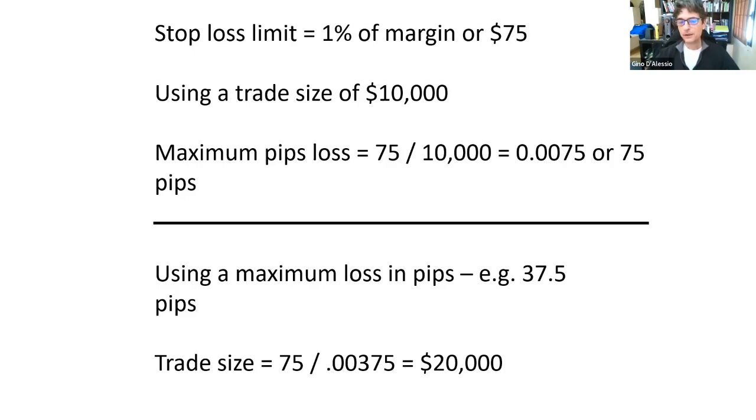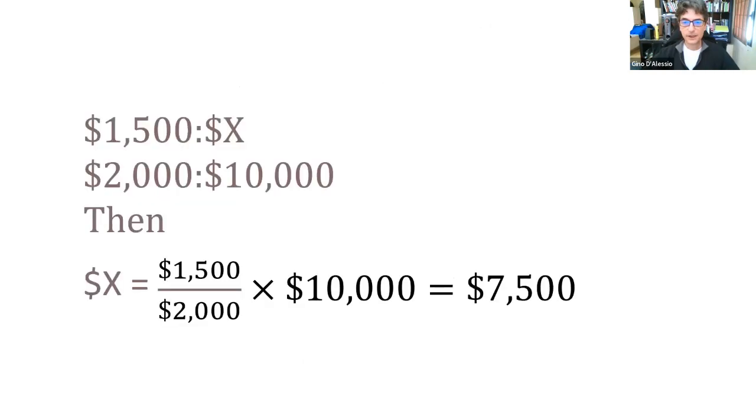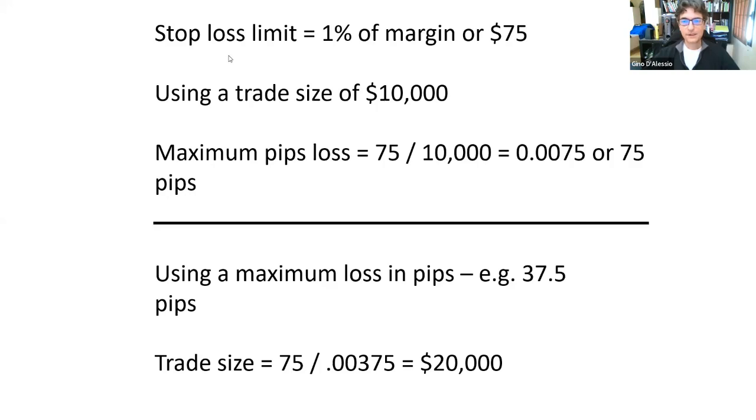So if, as we decided here, we are going to use $7,500 as margin on a trading account, we can decide to use 1% of margin. In this case, that would be $75, right?